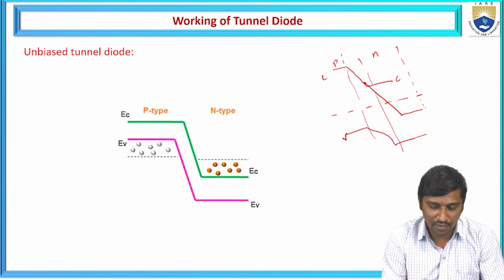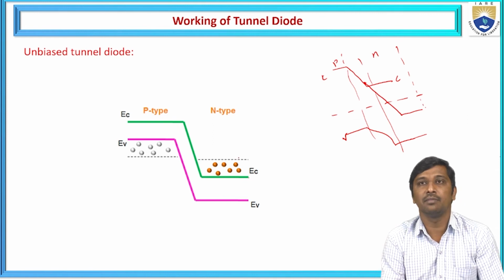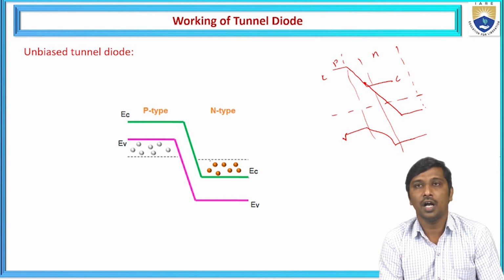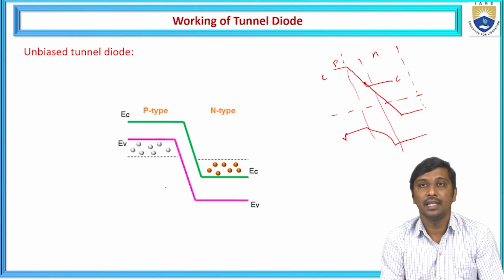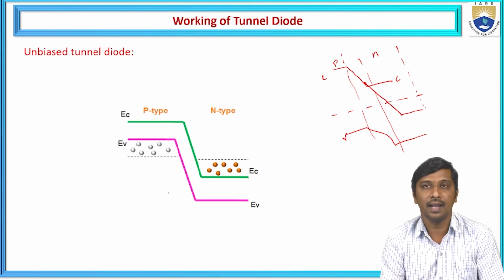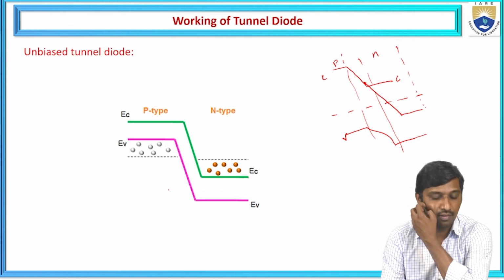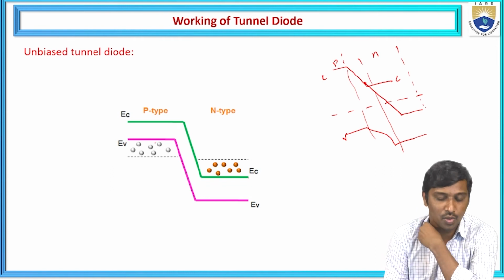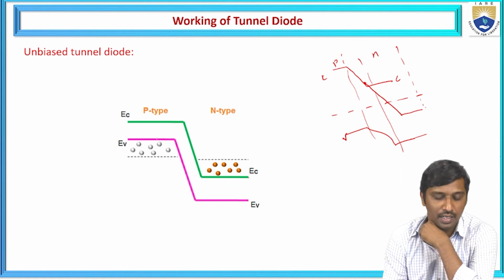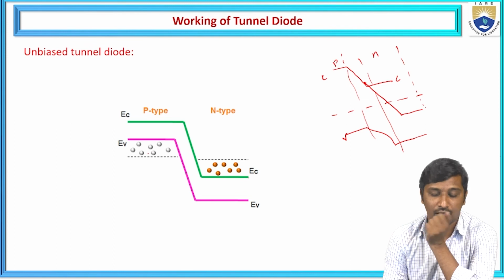Now these are the freely available charge carriers to allow the conduction. Similarly, the valency band of the P-type overlaps with the N-type conduction band here.